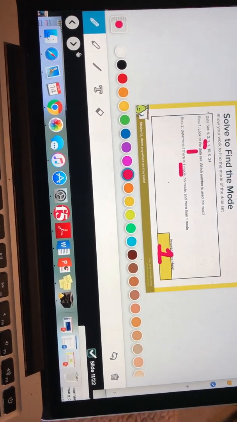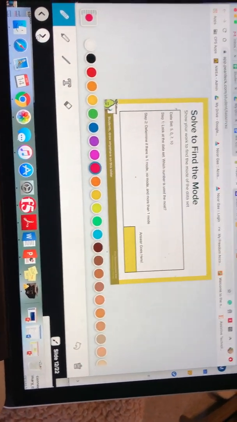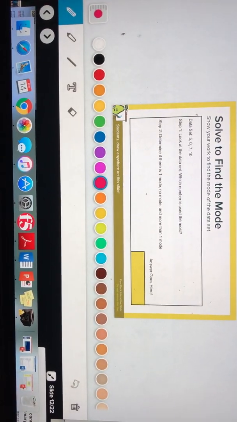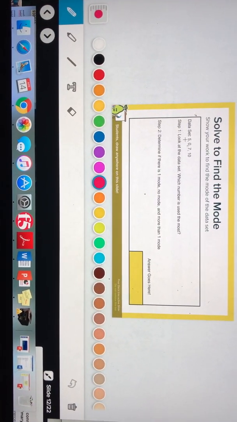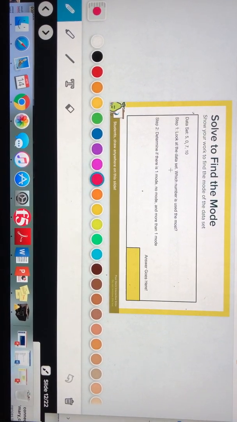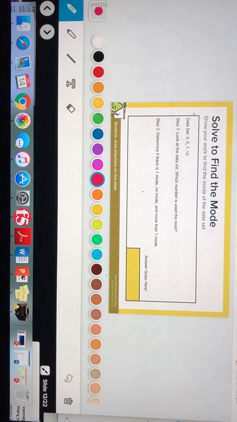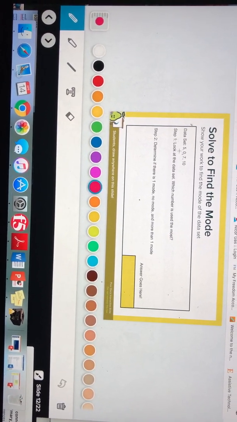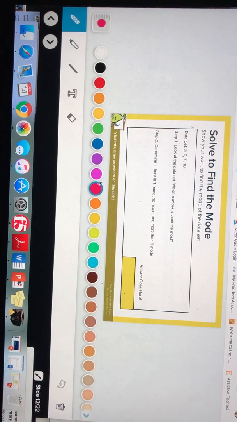Okay, I'm hoping this is starting to make sense. Looking at this data set, we have 5, 0, 7, and 10. Which number is used the most? Okay, looking at this data set, I don't see any number used more than once.